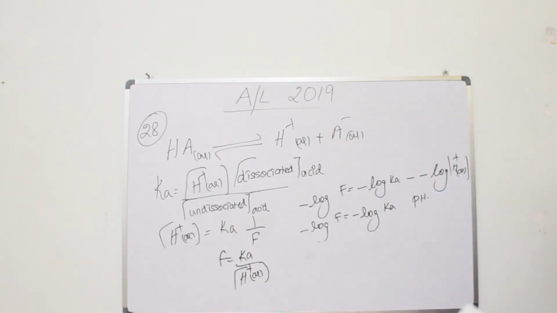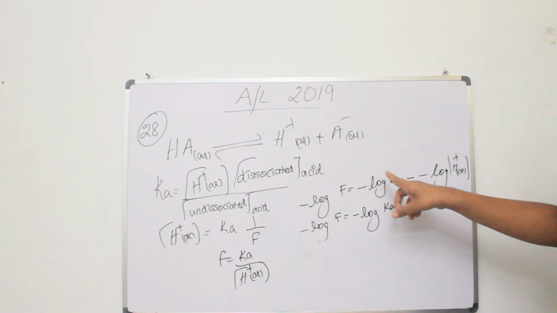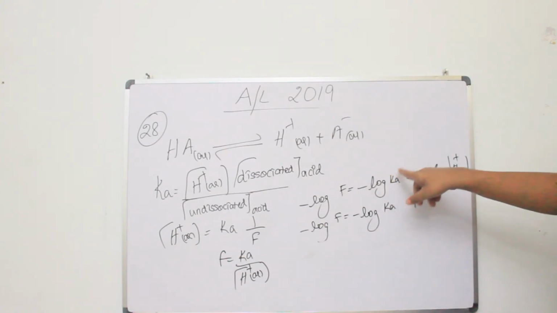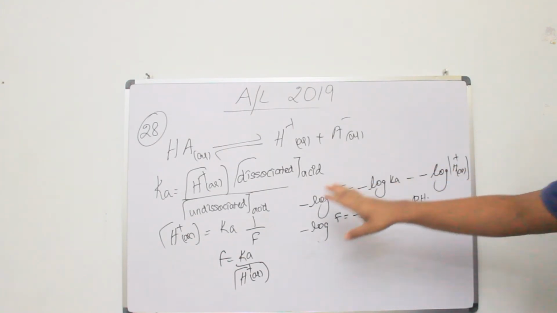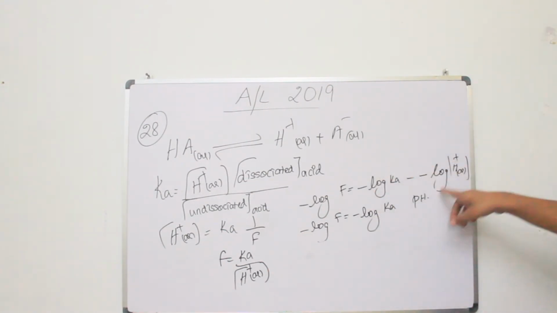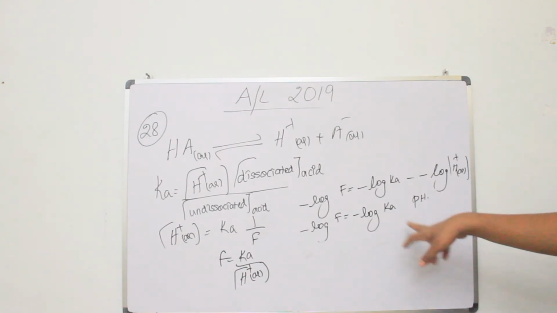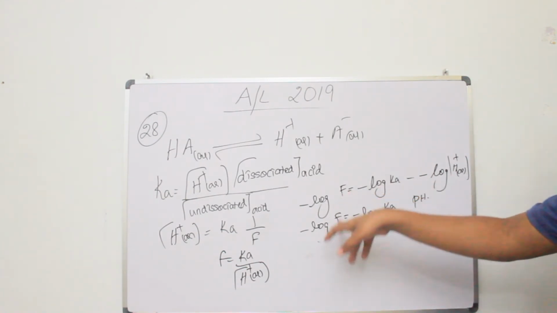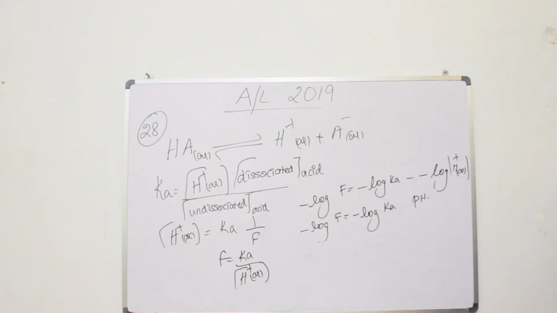Minus log F equal to minus log Ka minus log H plus. So minus log H plus is pH, and minus log Ka is pKa.